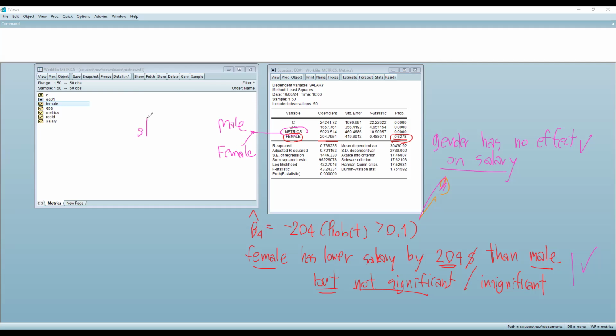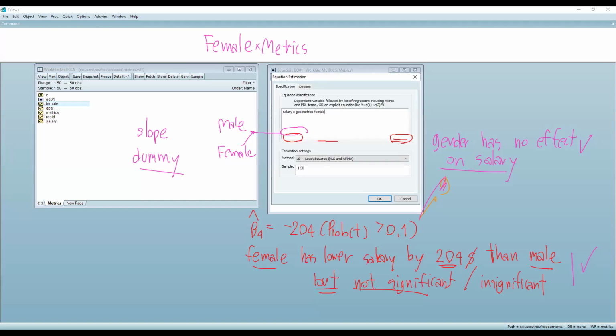It's called slope dummy. So instead of using female alone, you have to use female multiplied by matrix. So you click add estimate again, then add multiply matrix.